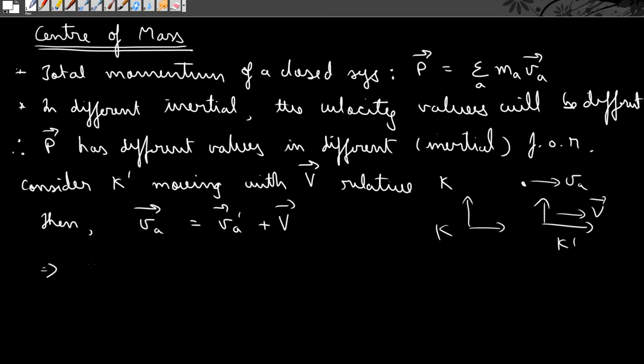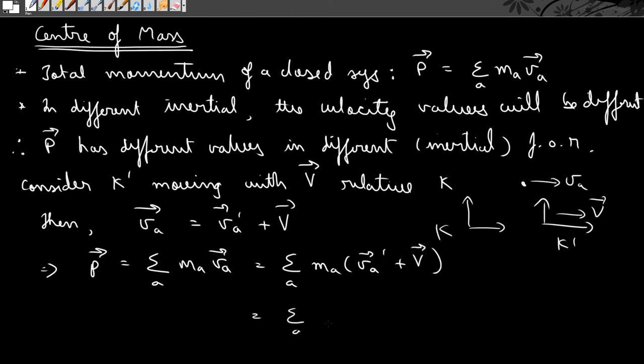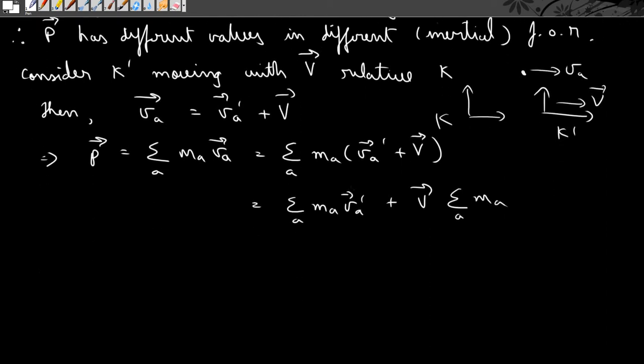So the total momentum P, which is given by the summation over A of m_A V_A, will become the summation over A of m_A (V_A dash plus V), which is the summation over A of m_A V_A dash plus V times the summation over A of m_A.